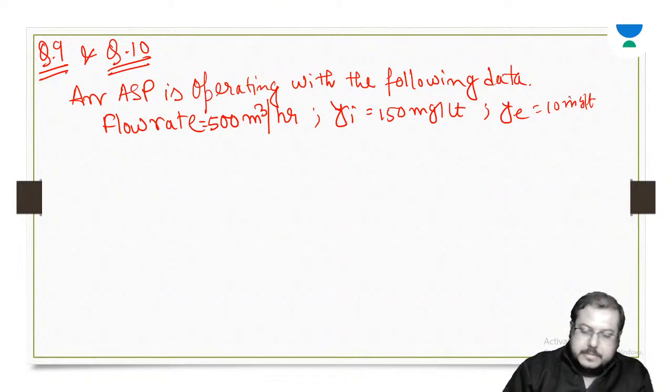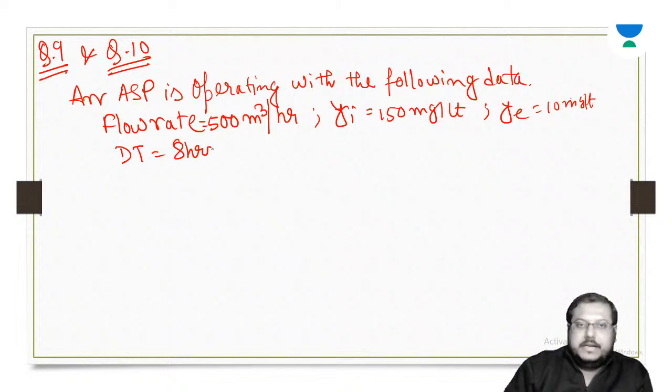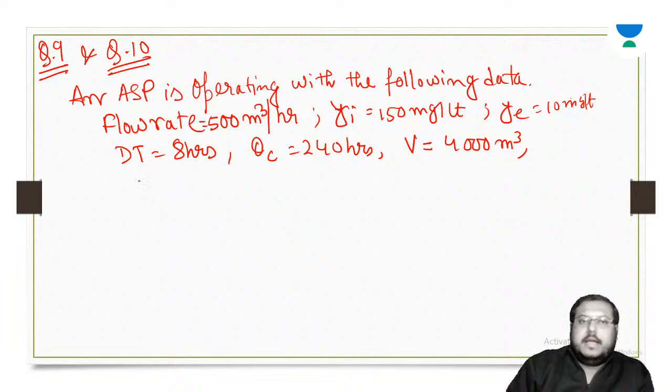Detention time given as 8 hours. Mean cell residence time given as 240 hours. Volume given as 4000 meter cube. MLSS is given as 2000 milligram per liter.